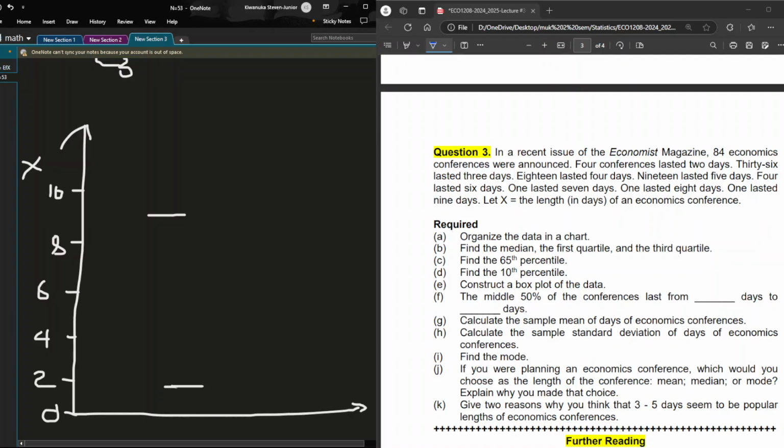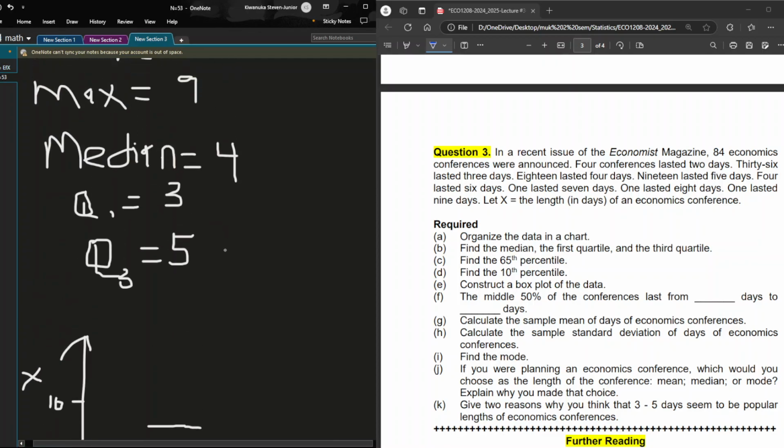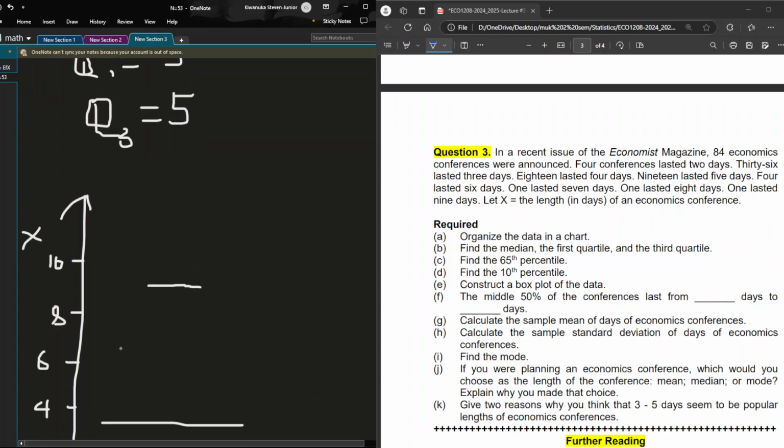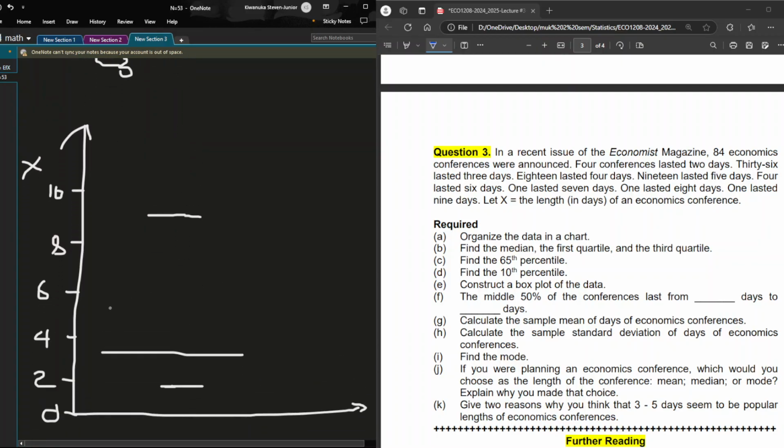Okay. Then we come to Q1 and Q3. Q1 is 3. So 3 is after 2. And Q3 is 5. 5 is here.